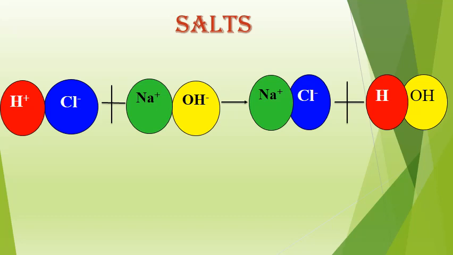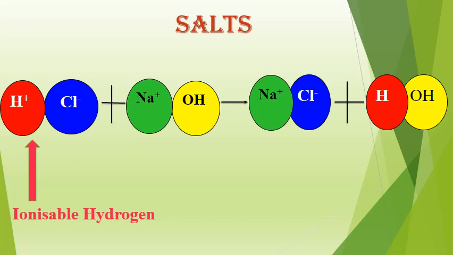But now we are talking about the preparation of salts, or rather what is a salt. We are trying to understand that. Here, hydrochloric acid is a monobasic acid, so there is only one ionizable hydrogen ion. This H plus is the only ionizable hydrogen ion present, also called a replaceable hydrogen ion.